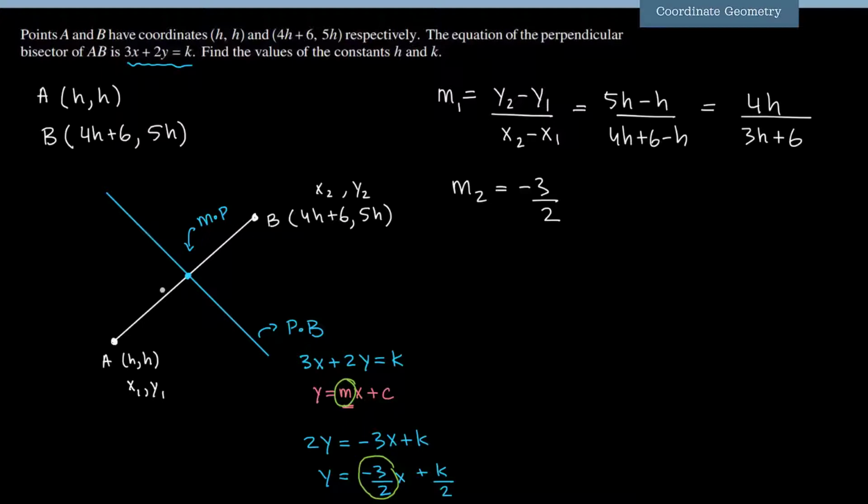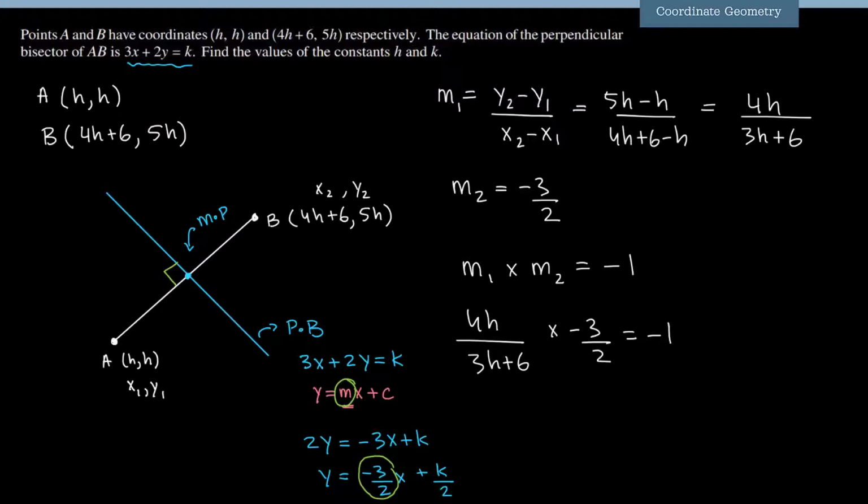We know that these two lines are perpendicular to each other, meaning that they intersect at a 90-degree angle. Whenever that's the case, the relationship of the two gradients is m1 times m2 = -1. We know the value of m1 is 4h divided by (3h + 6) and m2 is -3/2, and the product is -1.